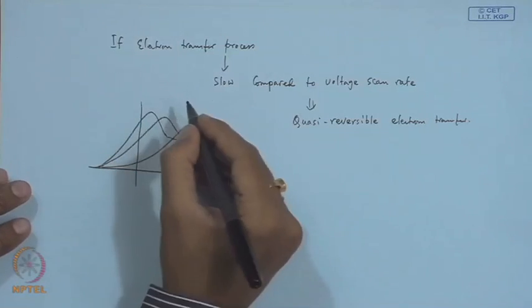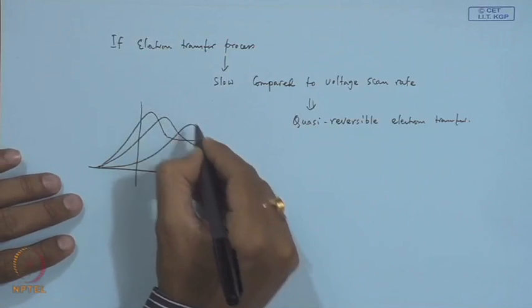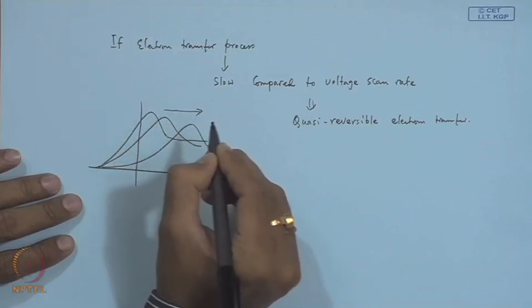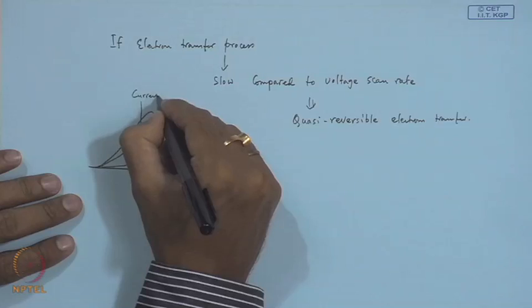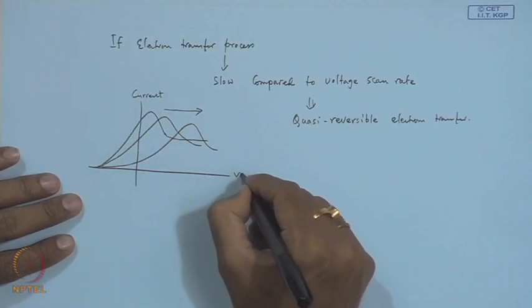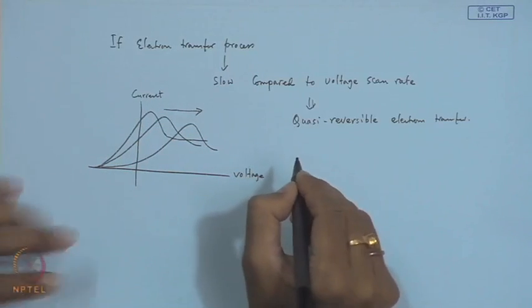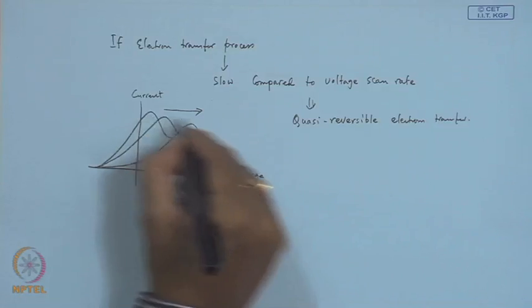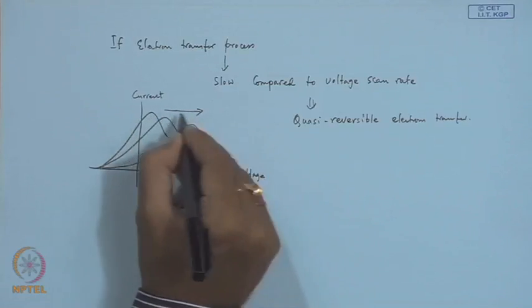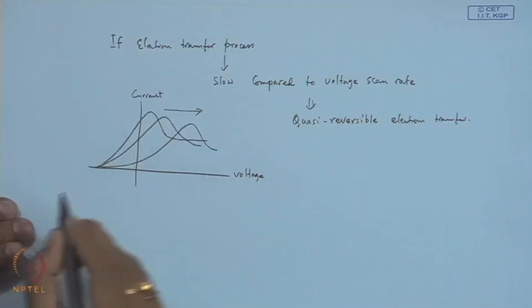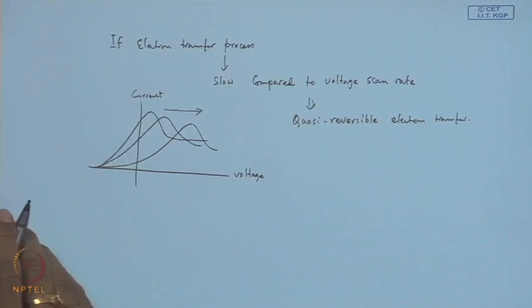So, in this way, slower and slower. It is current and voltage. So, if the electron transfer process is slower, then it is shifting this way. That will give you the idea of whether the process is reversible or quasi reversible.